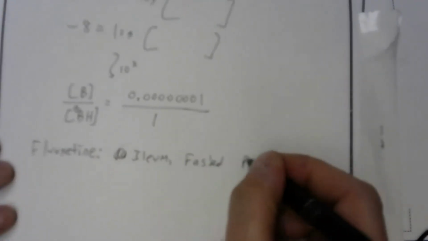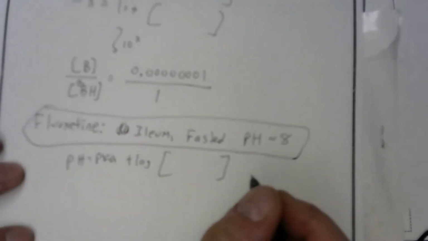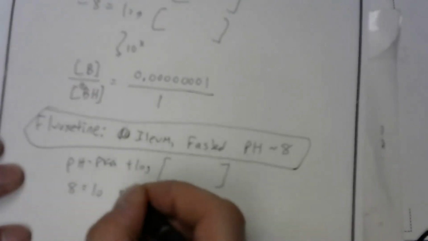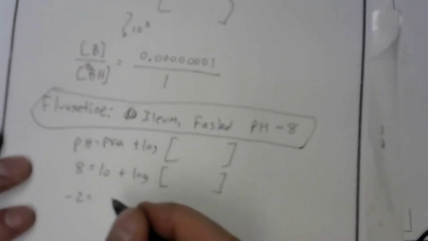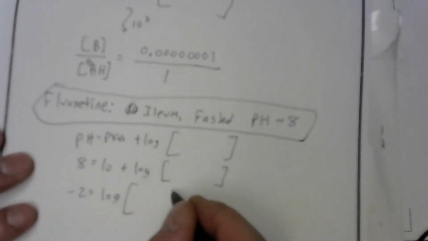fasted state, pH around 8. pH equals pKa plus logarithm, blah, blah, blah. Now 8 equals 10 plus logarithm, blah, blah, blah. Minus 2 equals logarithm, blah, blah, blah.